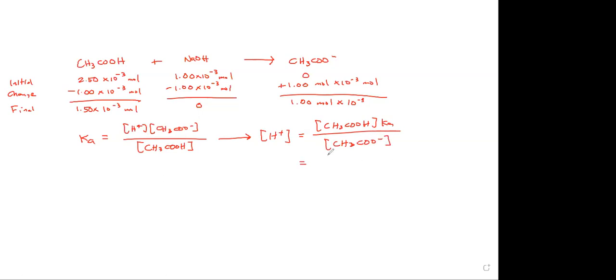Or if we're going to put the value here, this will be 1.50 times 10 to the negative 3 times 1.8 times 10 to the negative 5, that's the Ka, over 1.0 times 10 to the negative 3.